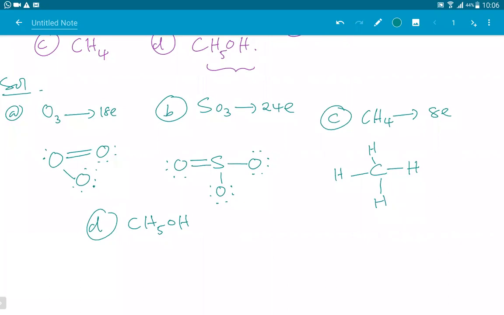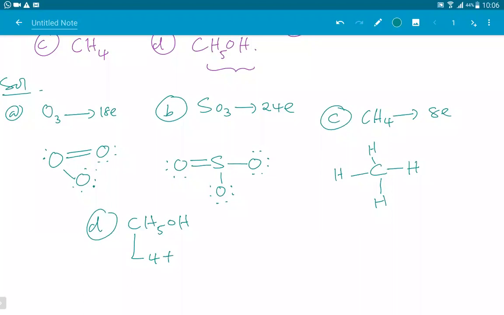I think the first thing we start with is calculating the valence electrons for the compound. The carbon has 4 valence electrons.